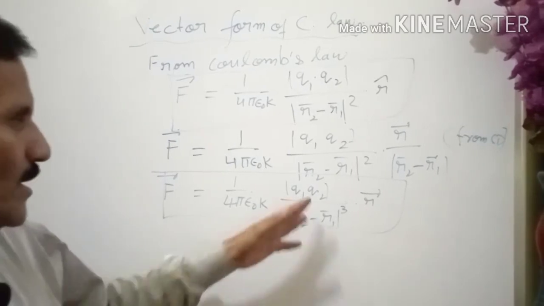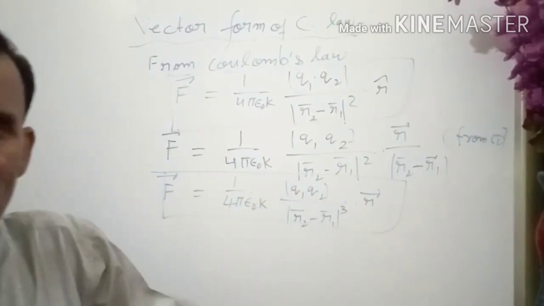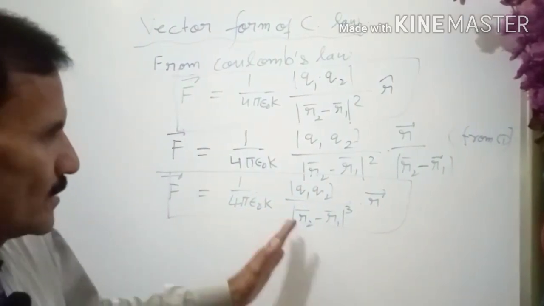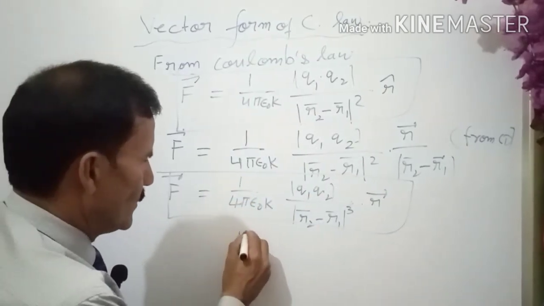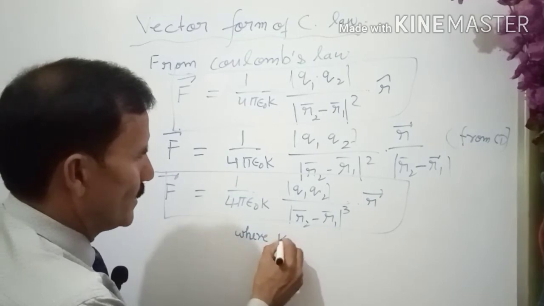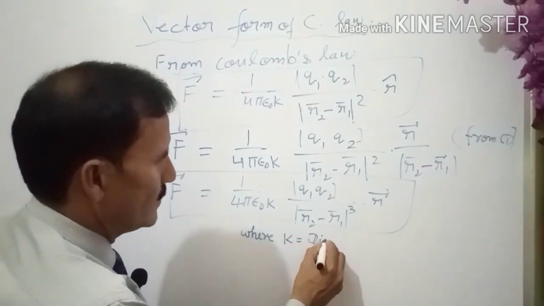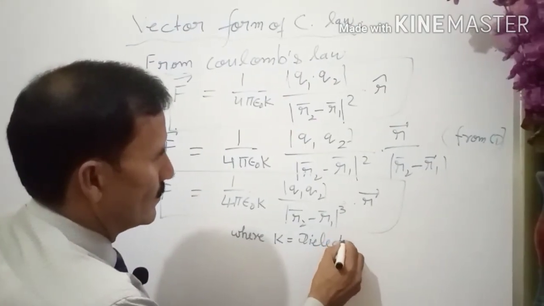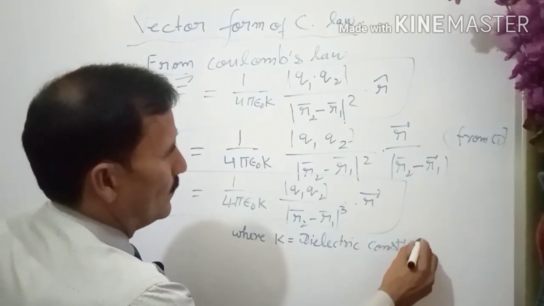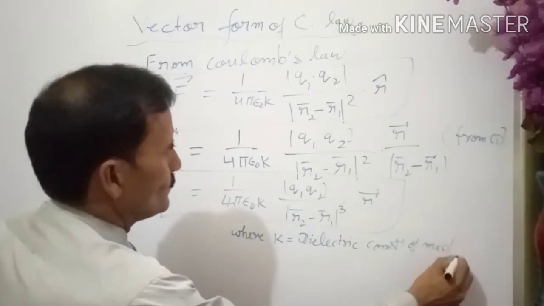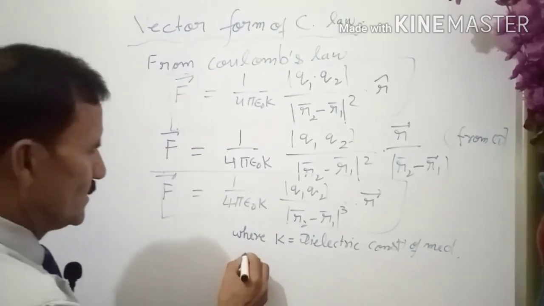This formula is called the vector form of Coulomb's law. Here K is the dielectric constant of the medium.